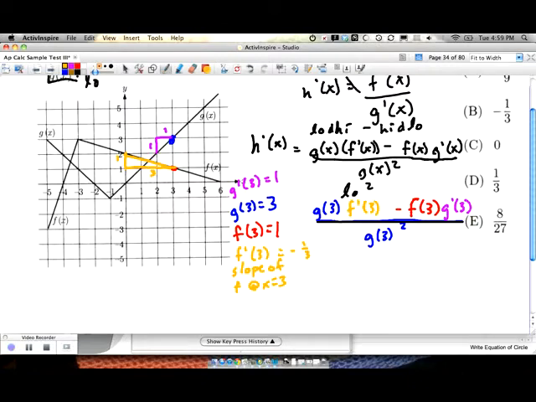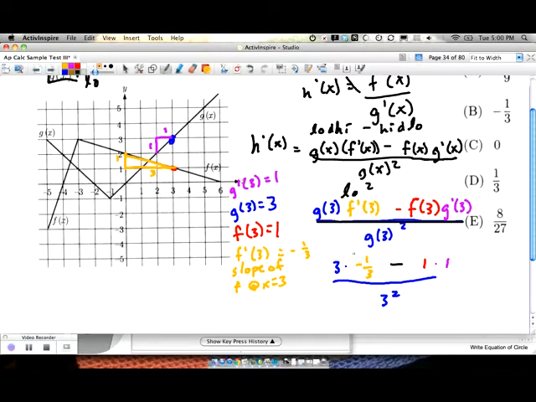So I'm going to fill in these pieces now so you guys can see what we're getting. f prime of 3 is negative 1/3. f of 3 is 1. g of 3 is 3. And g prime of 3 is 1. And then we also have that g of 3 on the bottom, so it's going to be 3 squared.